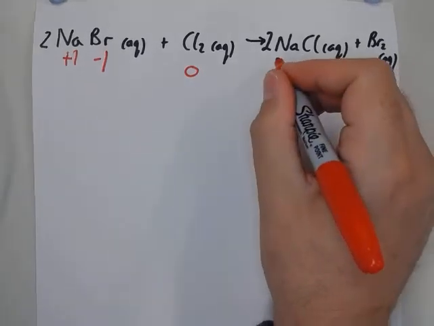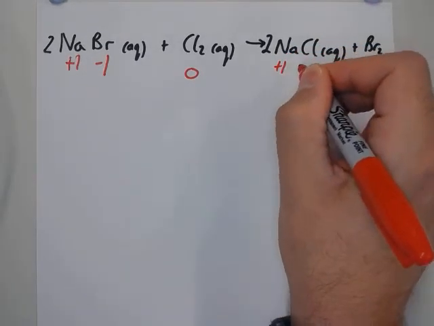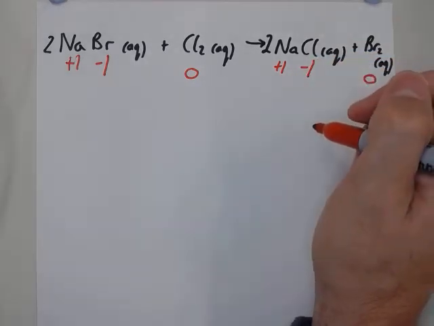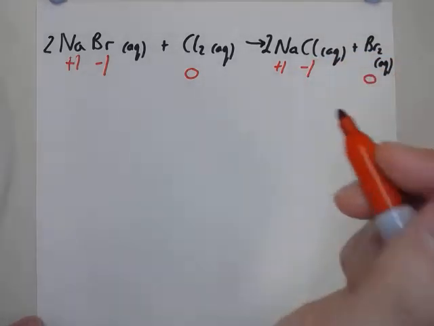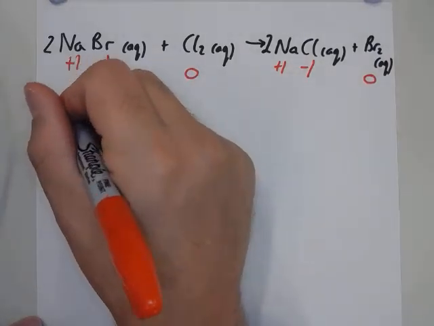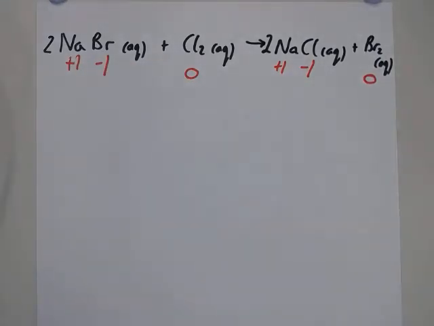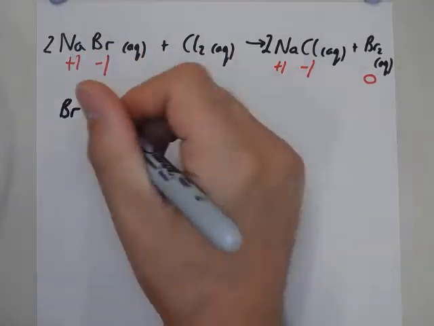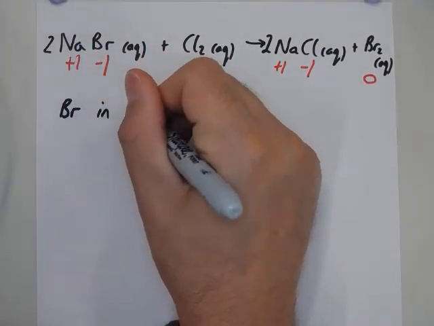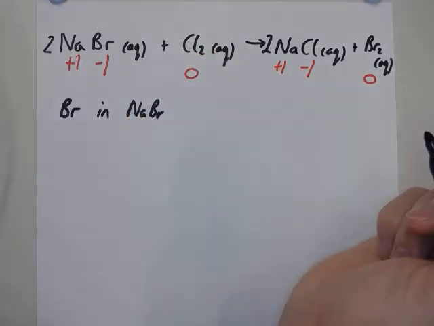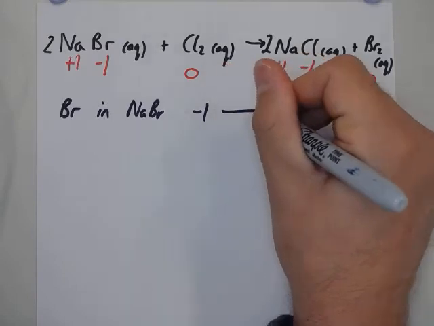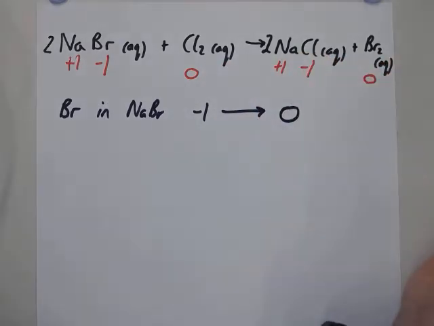The chlorine over here, again the sodium is +1. The chloride is -1. So if we have a look, we've got the bromide, Br in NaBr was -1 and it's gone to 0.